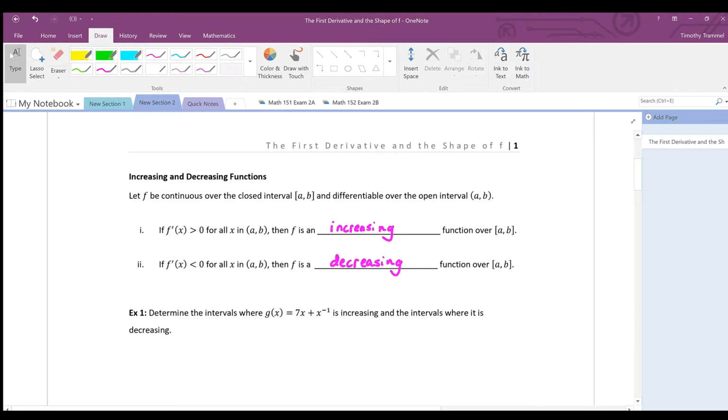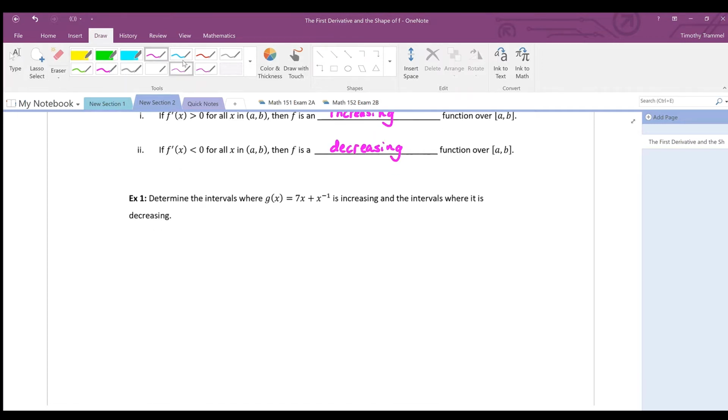And before we get into the first derivative test, what I'd like us to do is just determine where f is increasing or decreasing. Okay. And here is our function that we're going to try this out on.